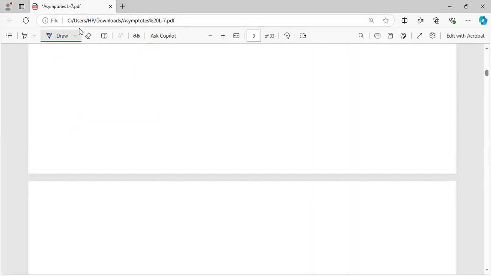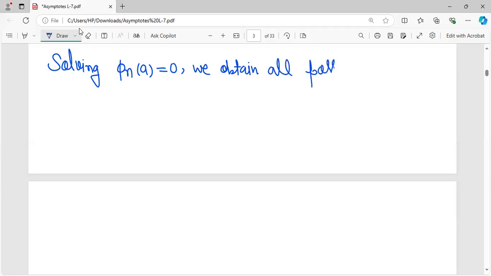Solving φn(a) = 0, we obtain all possible values of a.